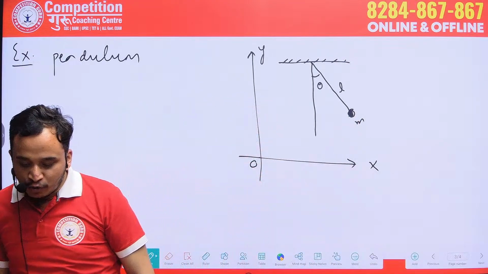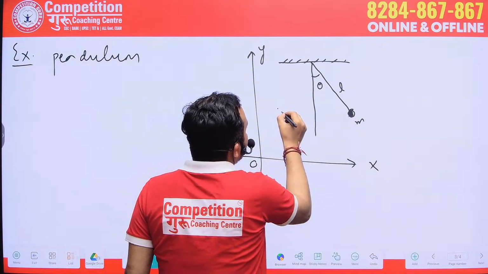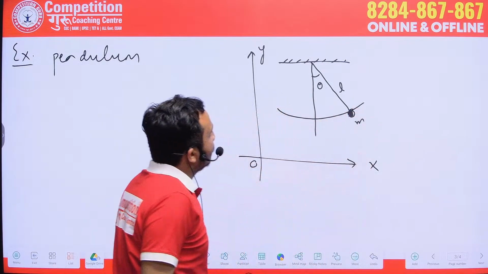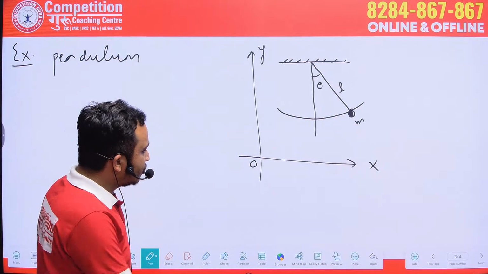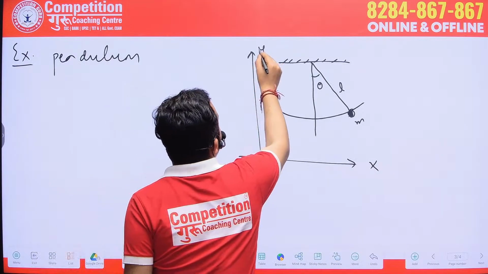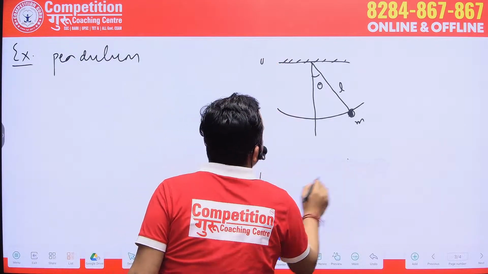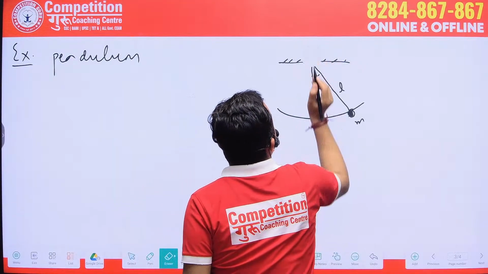There are two ways. This pendulum is moving like this. To make it easier, let us take a coordinate system. Let us take the origin here.